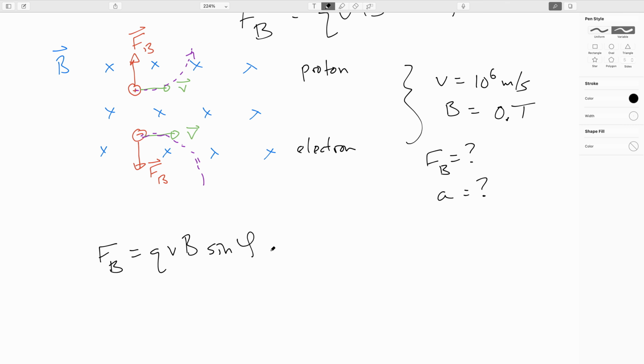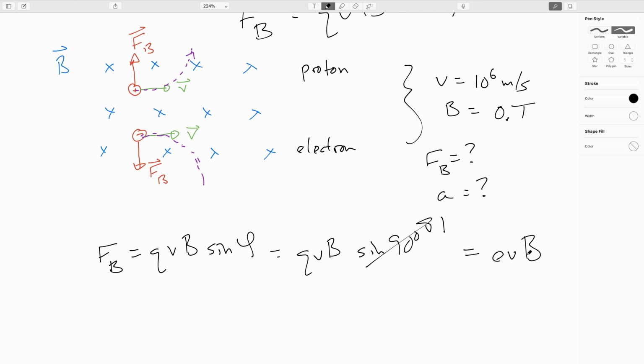So this will be equal to QVB sine of 90 degrees, and the sine of 90 is 1. The charge in both cases is going to be the fundamental quantum of charge, E. The only difference that the sign is going to make is whether it curves up or curves down.